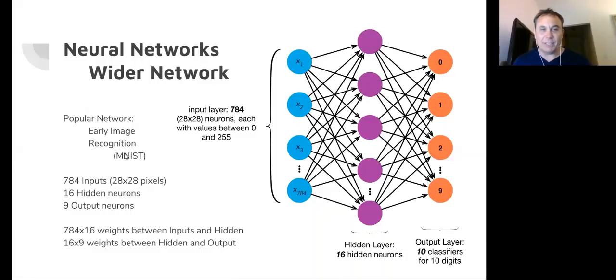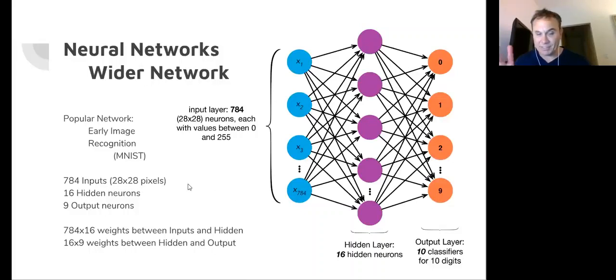It's image recognition, the MNIST data set, which is a bunch of handwritten numbers, 10 digits. You can get very good results recognizing handwritten numbers with 784 inputs, which is 28 by 28 pixels.